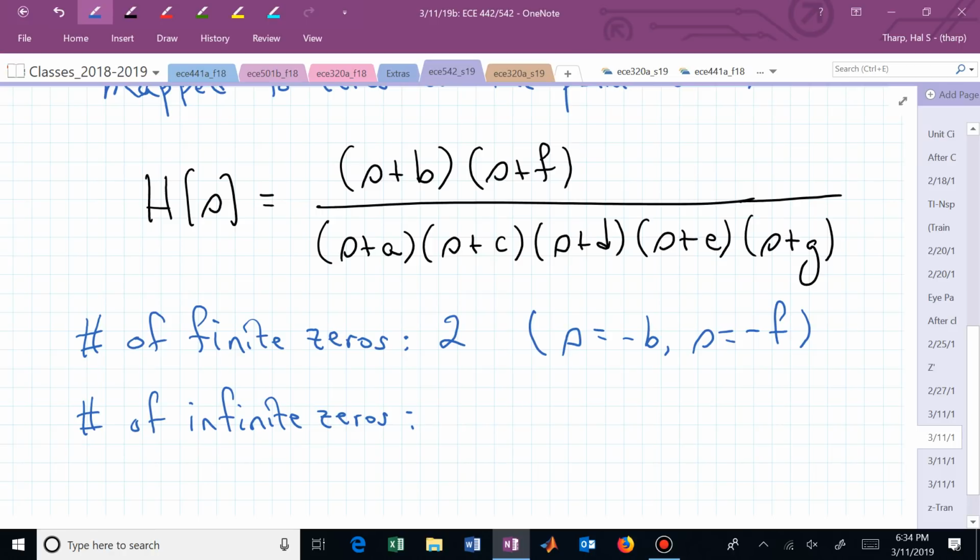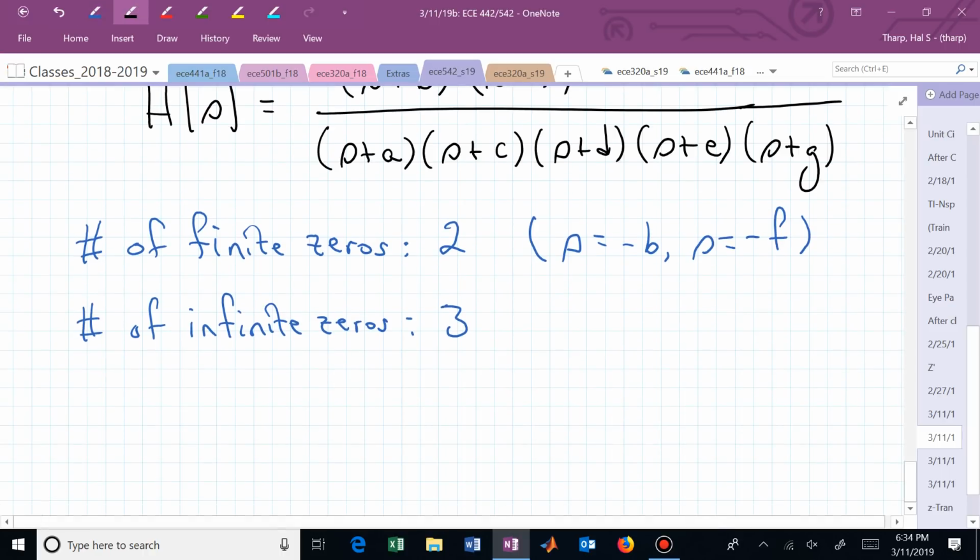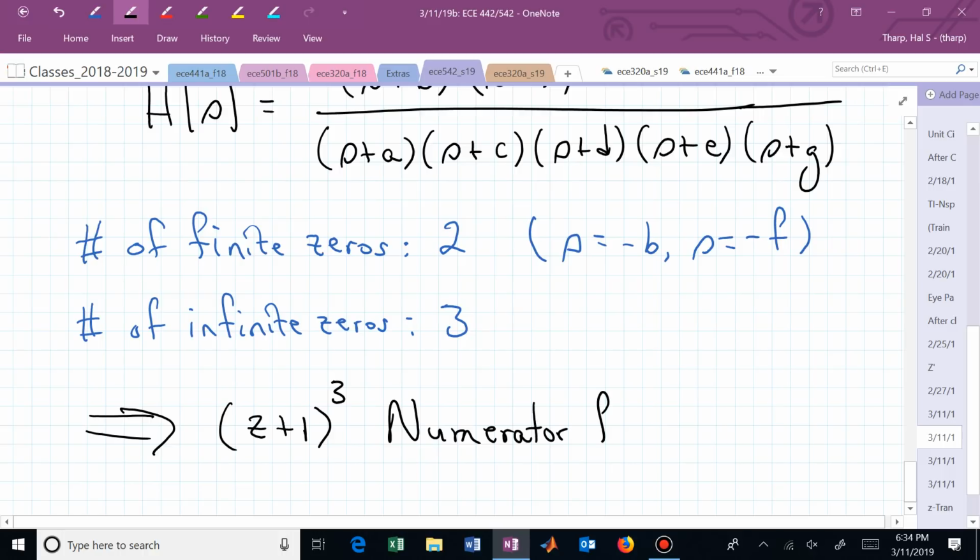You have 3 zeros at infinity. So the number of infinite zeros is 3. And now that says that we would have (z+1) cubed in our numerator factor in the discrete equivalent.